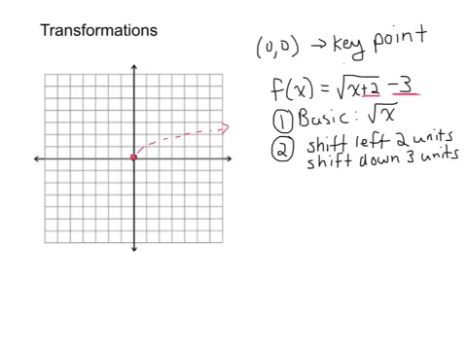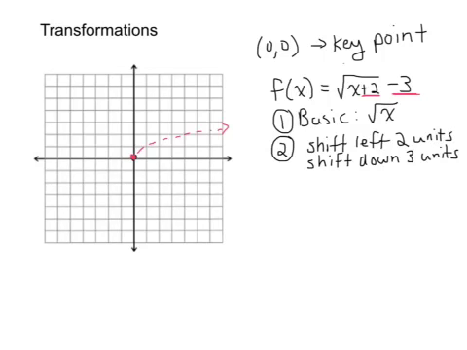So what I can do with these two shifts now is focus in on my key point here of (0, 0), which is right here, and apply the two shifts to that particular point.